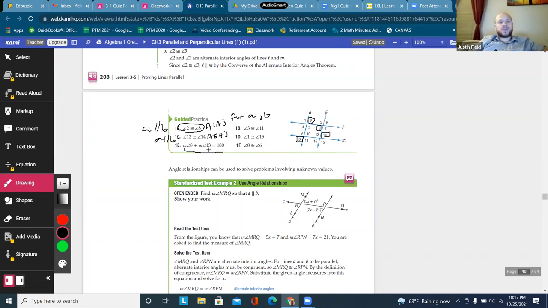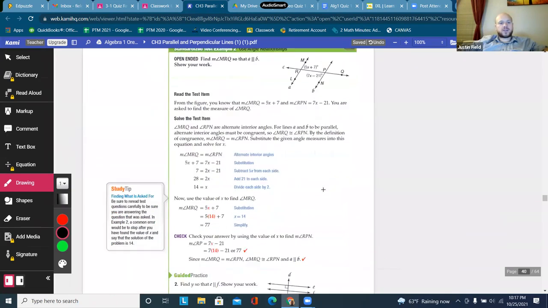Well, between what two lines? 8 and 13. Classic, L is parallel to M because 8 and 13 are right here between L and M. Okay, so hopefully that helps, but if not, just post in the organizer.